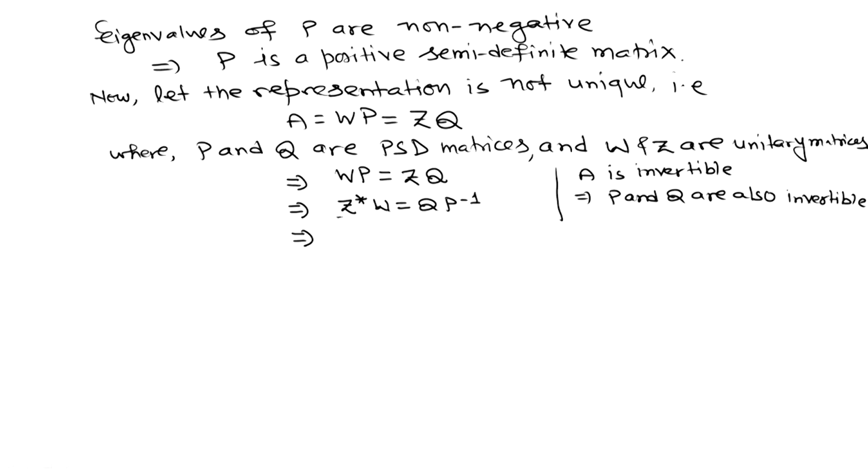Now, Z star is a unitary matrix, W is also a unitary matrix, it means their product is unitary. So, from here I can say Q into P inverse is also a unitary matrix.